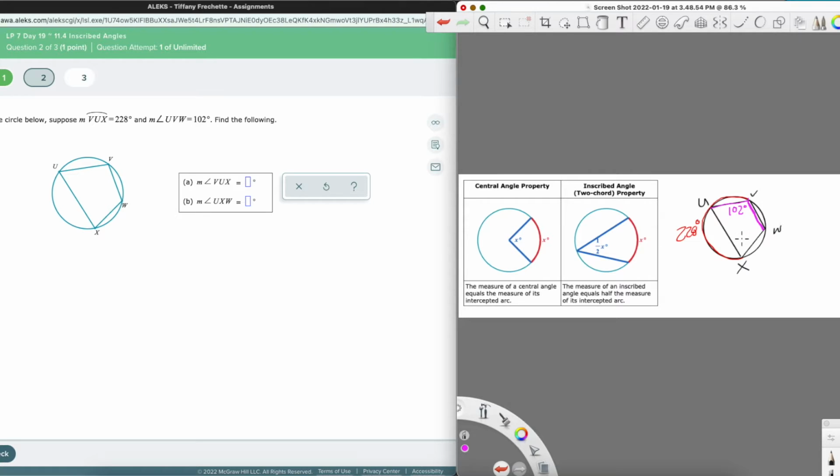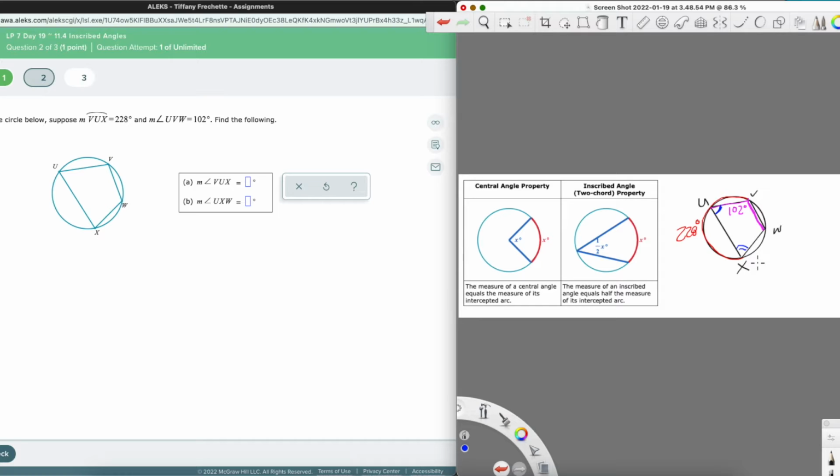So it's giving me a couple of pieces of information there. Now it's asking me to find angle VUX, and I'll mark it in blue. So VUX, that'd be this angle created here. And then angle UXW, that would be this angle, and I'll mark that with 2 of them. So those are the 2 things it's asking us to find.